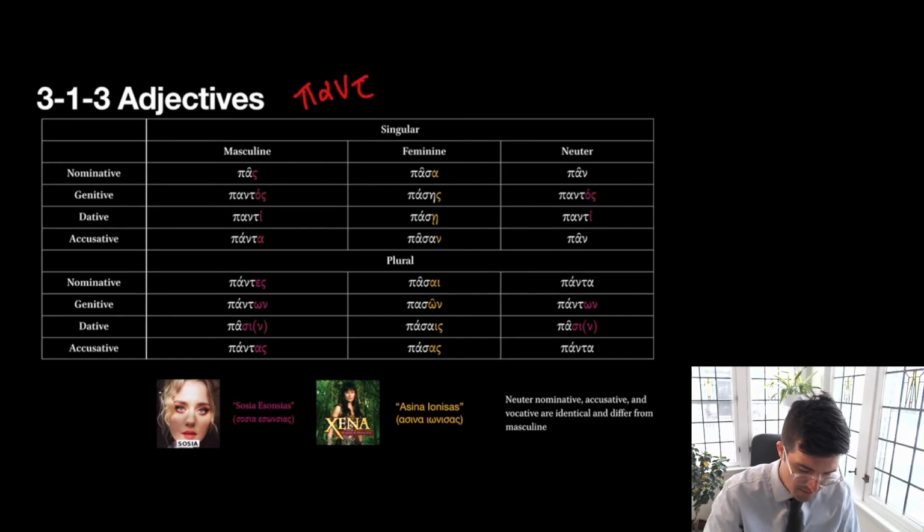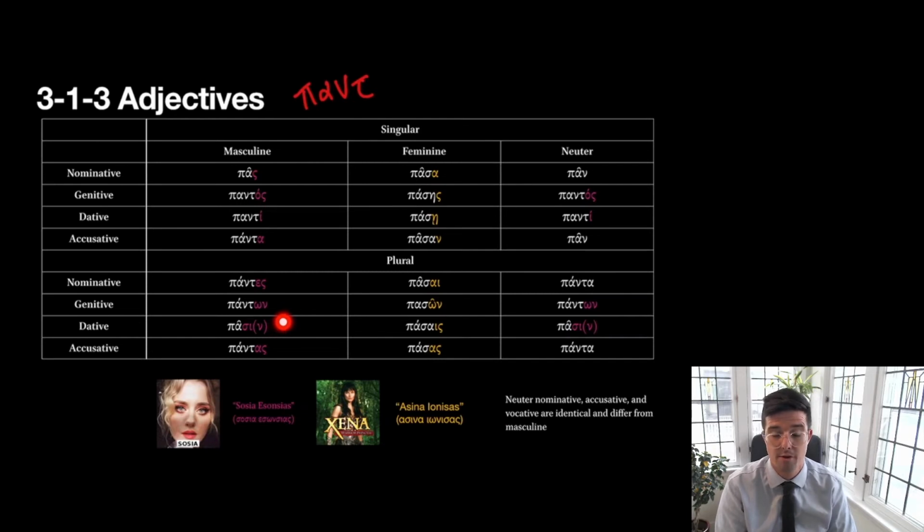And the reason for that in this case is that the nu and tau of the root pant. So remember, to find the root of a third declension noun or an adjective in this case, you look to the genitive singular and you take off that -os ending. So we remove that -os and we find that pant is the root, and then we can go back and add the endings. But when we add the sigma of the nominative singular and the dative plural, some changes happen, and this is true in most words of the third declension.